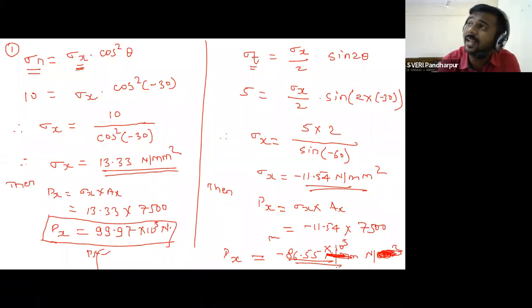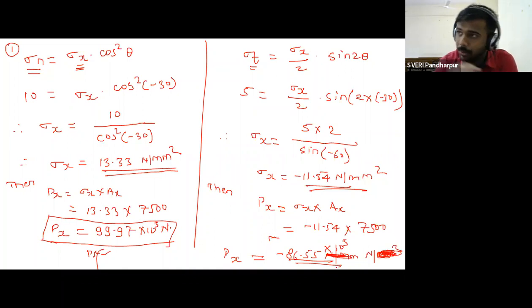Due to the sign convention of this particular theta as a negative, you got that particular sigma x as a negative value, and that negative sign convention we have taken for the further calculation. Therefore, your value is negative. Getting? So the effect of the negative sign of that particular theta will not be considered in your final observation.